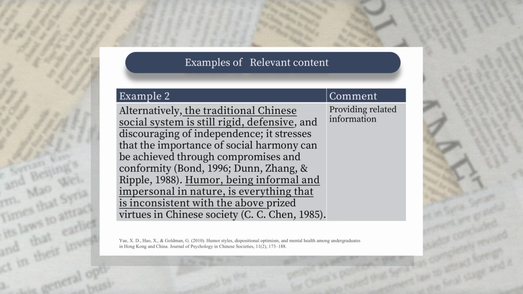Now, in this paragraph, I was trying to present information that's related to a cultural analysis of the importance of humor in Chinese society. This is just to give information that is relevant to the present discussion.